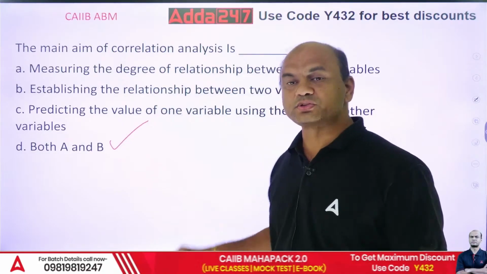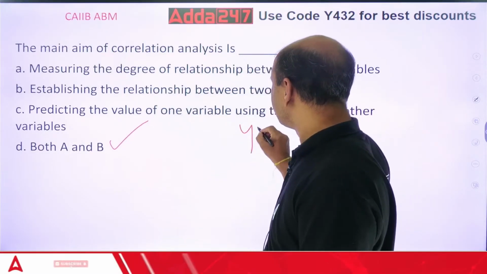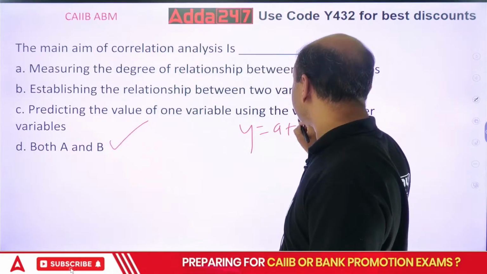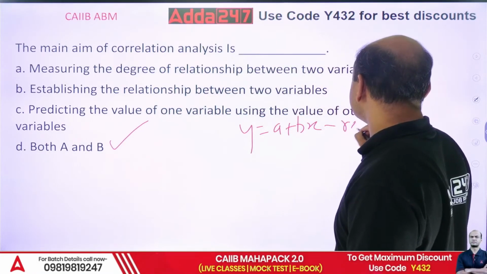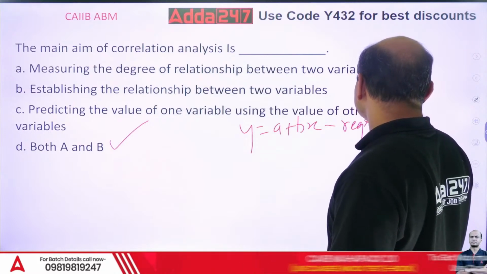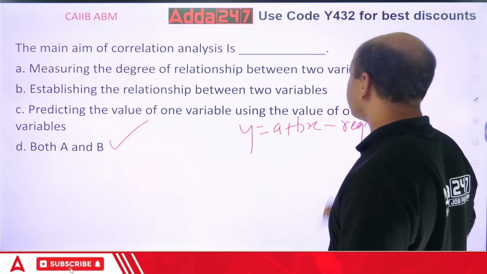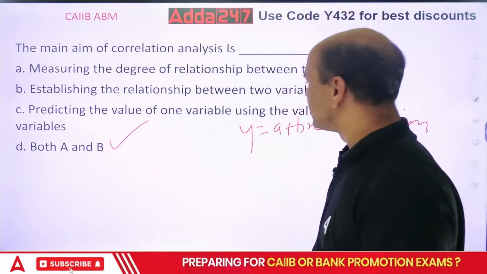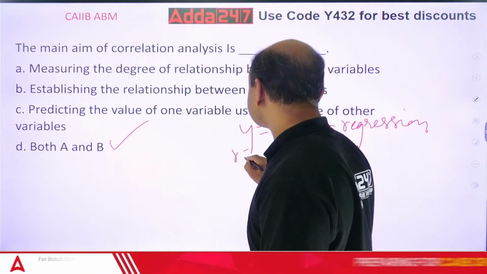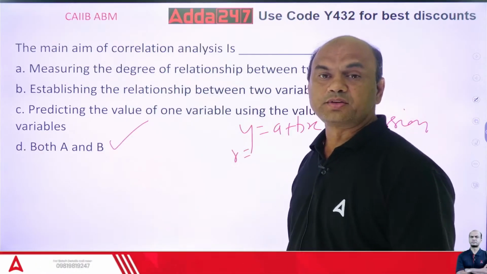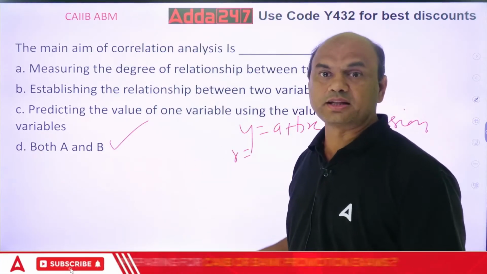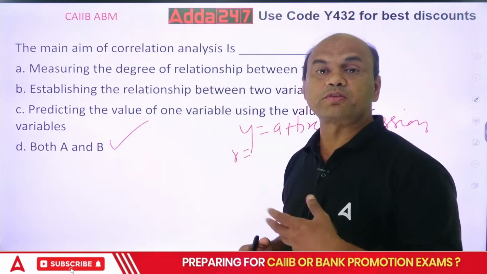Y equals A plus BX. This is known as a regression line. And correlation means R, the coefficient of correlation. If R equals 1, then it is positive perfect correlation.